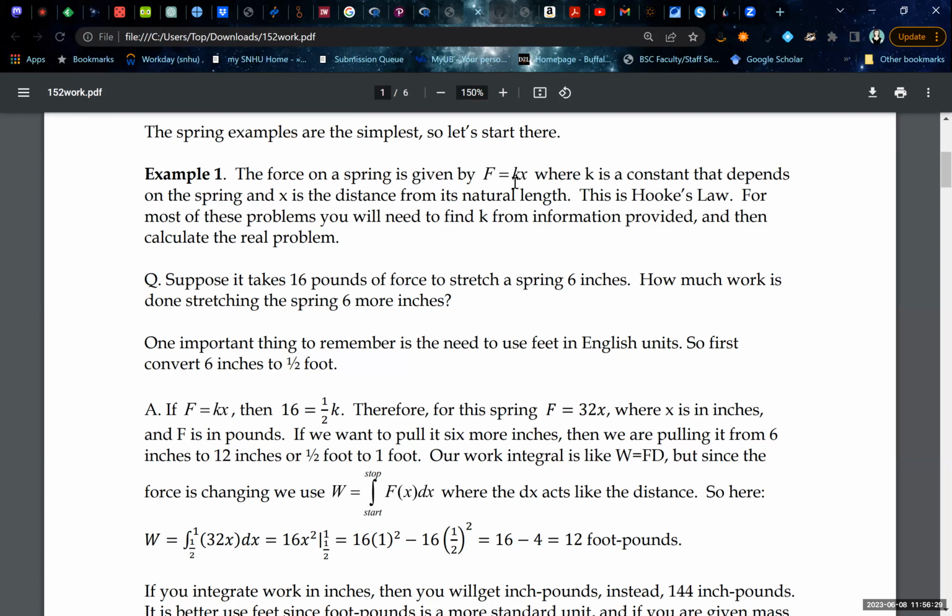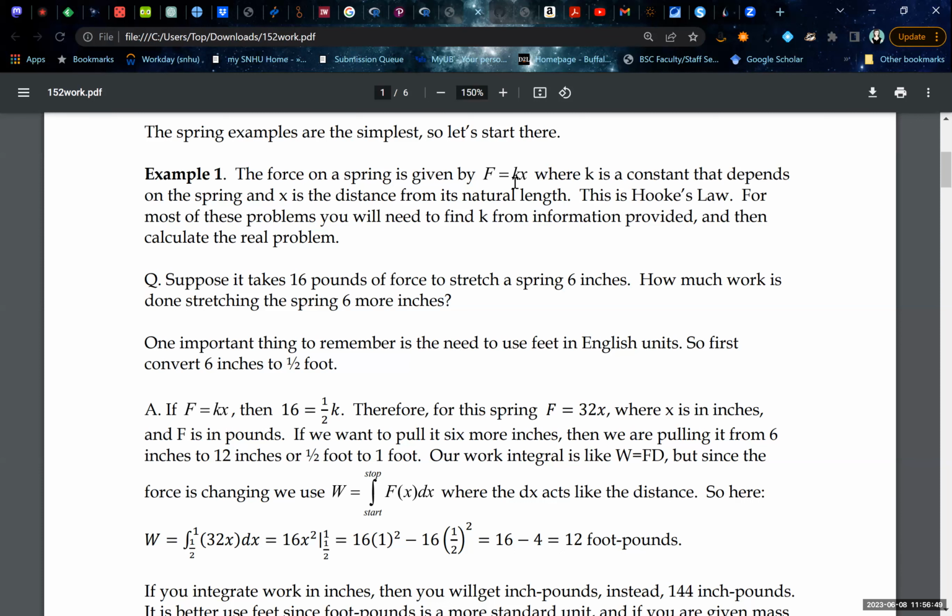Sometimes they will say we're going to stretch it 6 inches or 6 centimeters beyond its initial length. In other cases, they'll say the spring is 1 meter long and we're stretching it to 1.2 meters or something like that. So you have to make these adjustments based on the way the problem is worded.